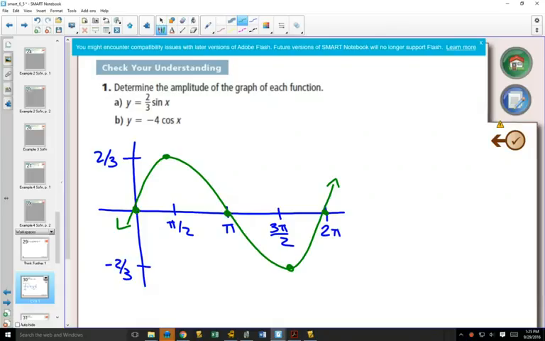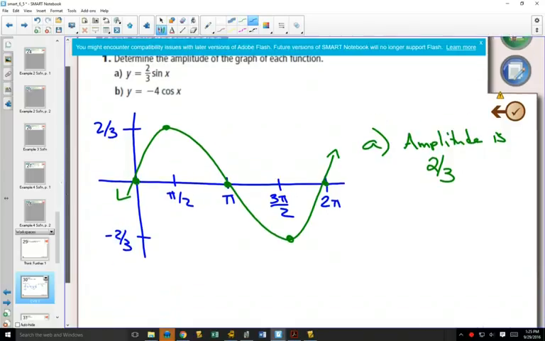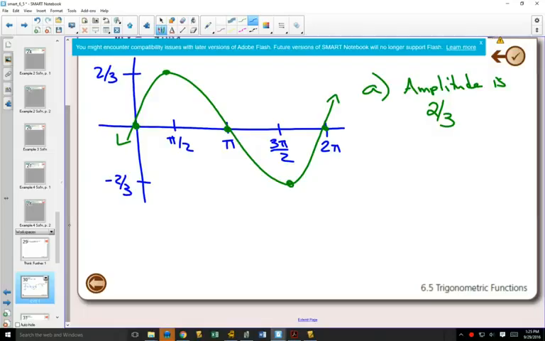And so for part A, our amplitude is 2/3. For part B, if we were graphing part B, now there's a 4 out in front.